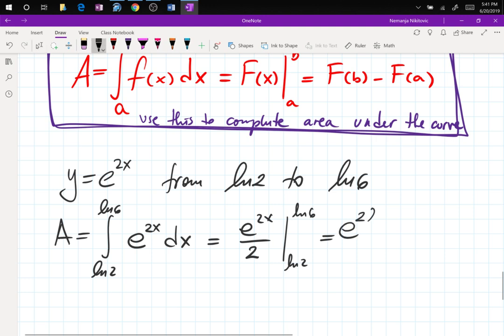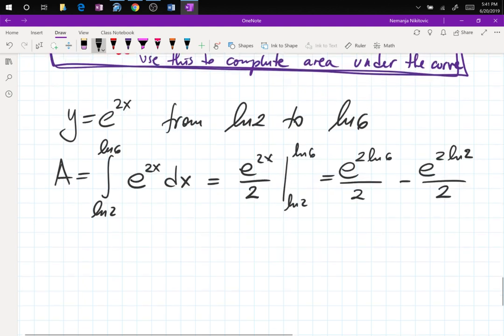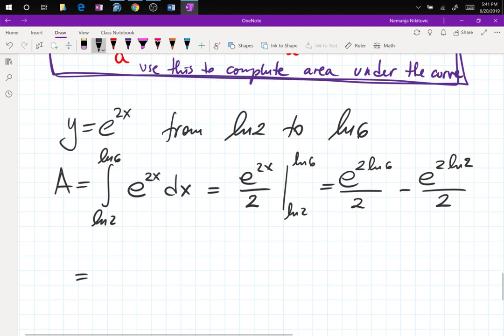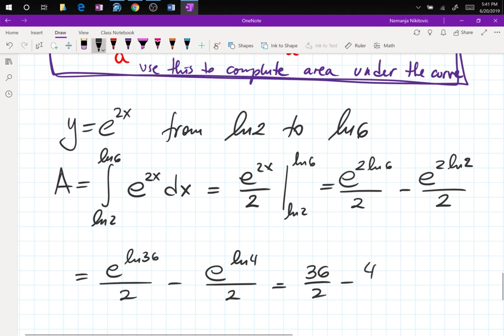So we have e to the 2 ln 6 over 2 minus e to the 2 ln 2 over 2. To compute this, the 2's in front of ln's will go inside as powers. So e to the ln 36 over 2 minus e to the ln 4 over 2, which would give you 36 over 2 minus 4 over 2 when ln and e cancel, to get 18 minus 2, 16.